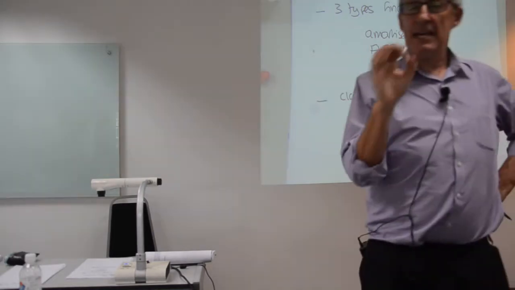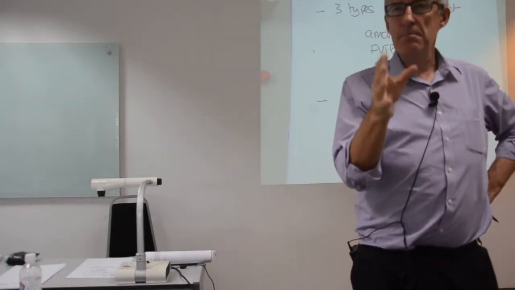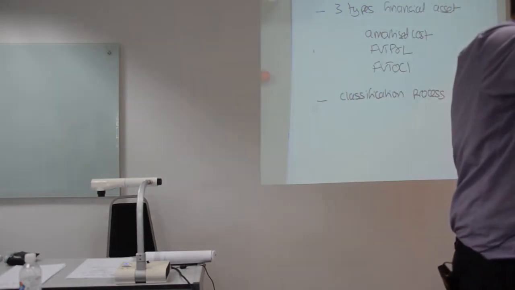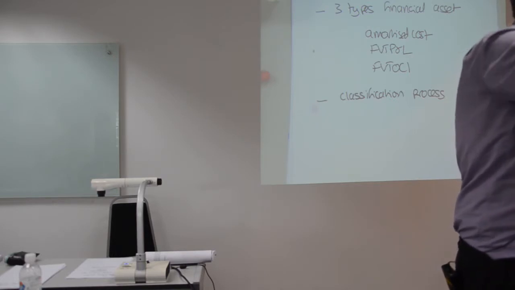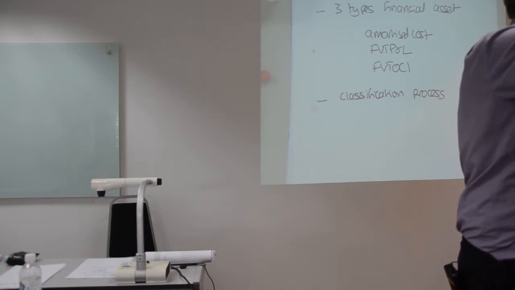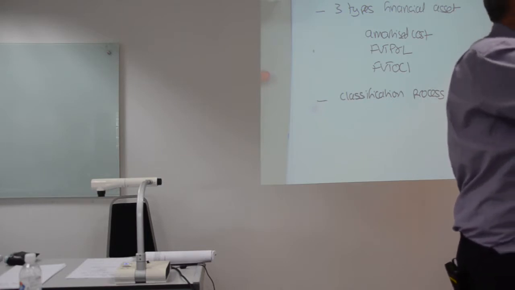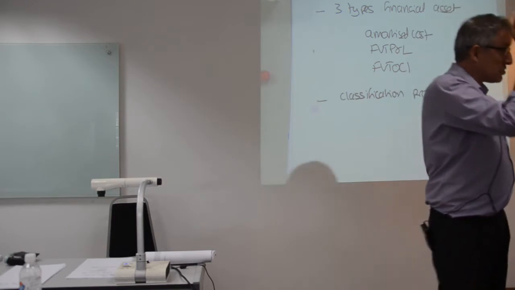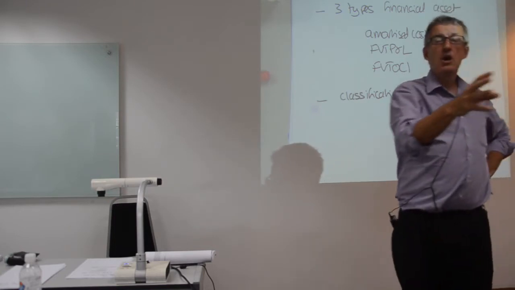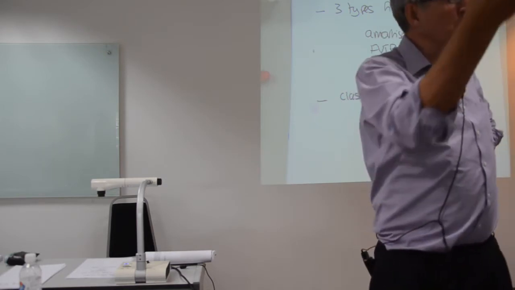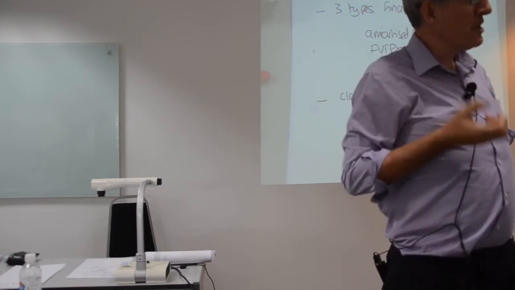In other words, the cash flow test is met if it's a simple loan. If I lend you money, I want it back, and I want it back with a bit more. And that's a cash flow test being met: you have a contractual arrangement where on specified dates, specified amounts will come back to you.